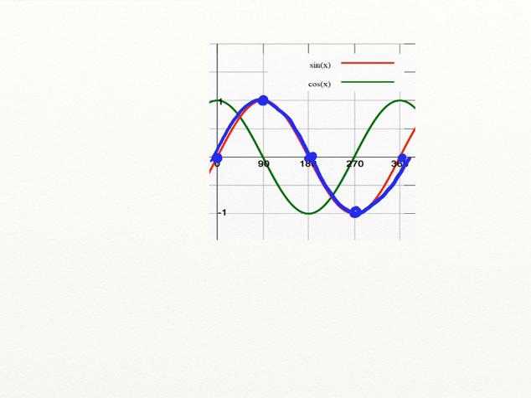The cosine function starts out a little differently. The cosine function starts at a maximum of 1, which means it's going to end at a maximum of 1. Halfway in between, it's at its bottom, and it transitions between its zeros right like that. So it starts up, goes down, and comes back up.